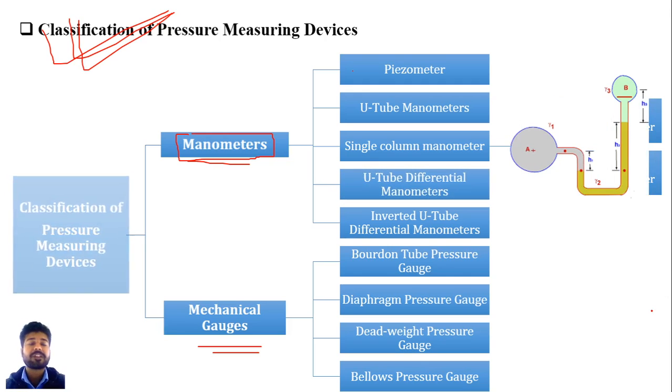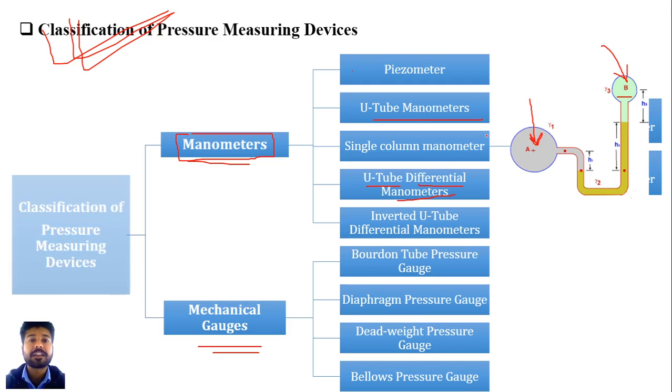Next is the U-tube differential manometer. Previously, in a U-tube manometer, there was a limb same as this, and there was only one pipe whose pressure we were going to find. But this differential manometer is again a U-tube manometer, but it is used to measure the pressure difference between two pipes.